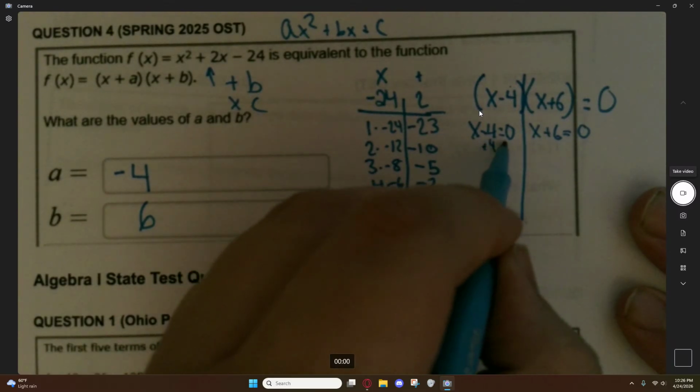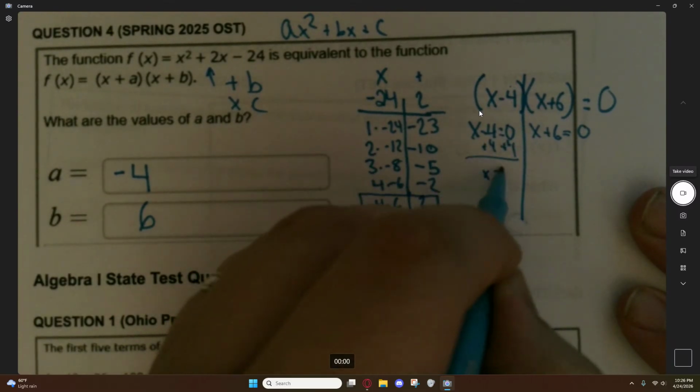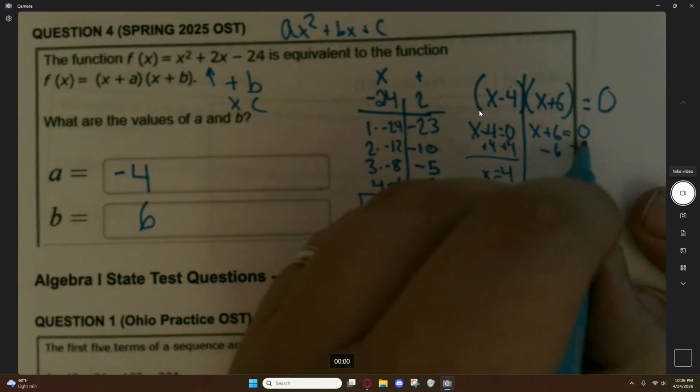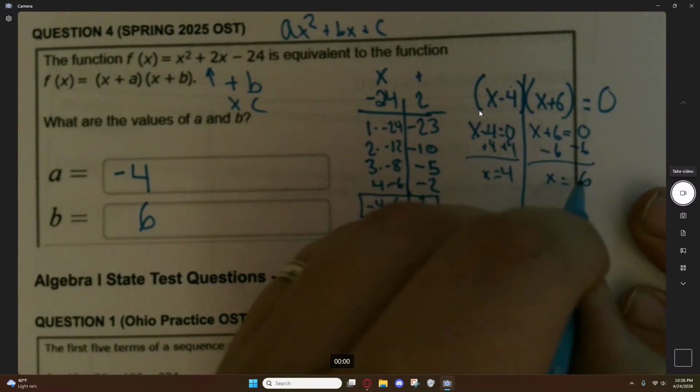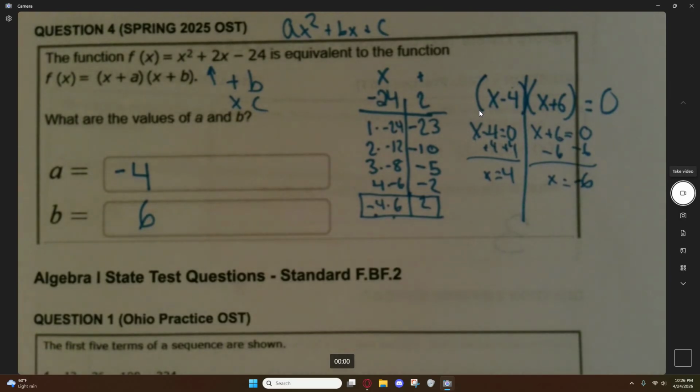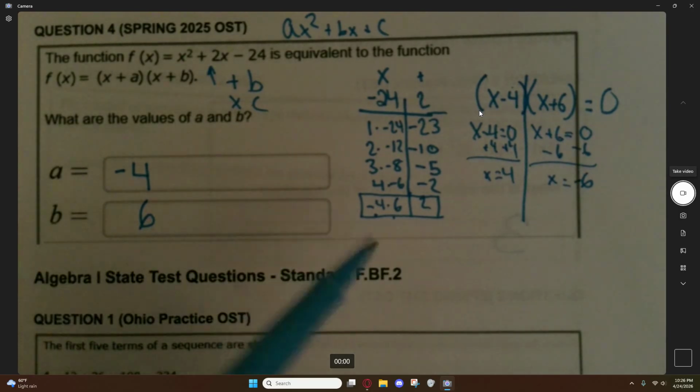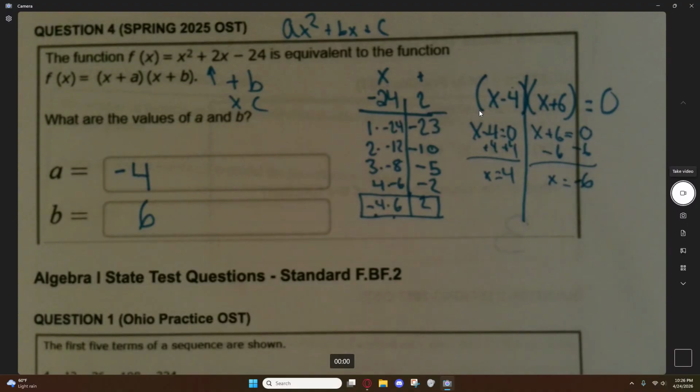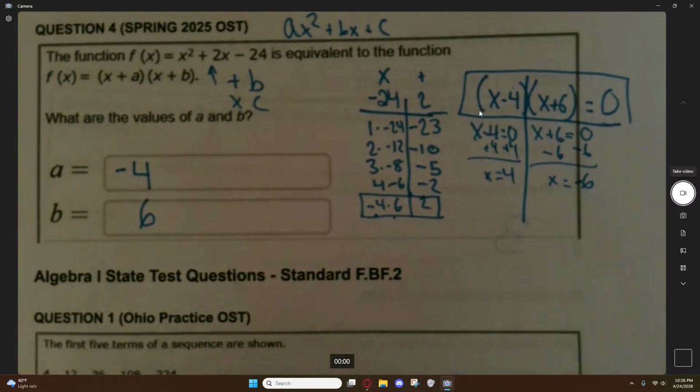And then I would add 4 to both sides and get x equals 4. And I would subtract 6 from both sides and get x equals negative 6. And I would know that this equation equals 0 when x equals 4 and x equals negative 6. That's what this graph is showing you. But the original factored form had the signs flipped. So if you're going to use Desmos for this question, you must flip the signs. Must.